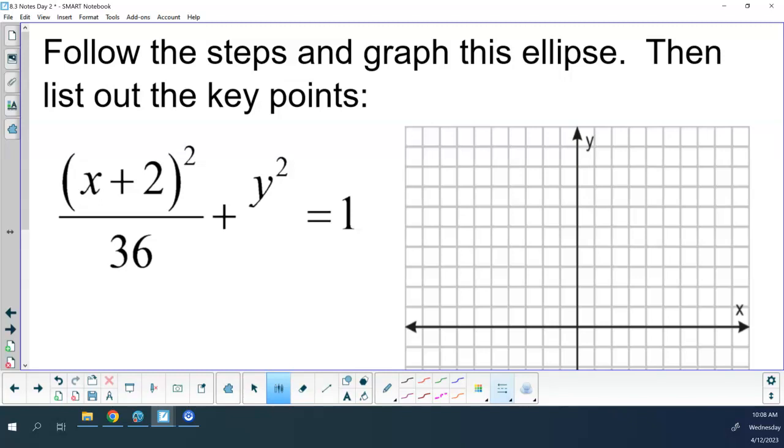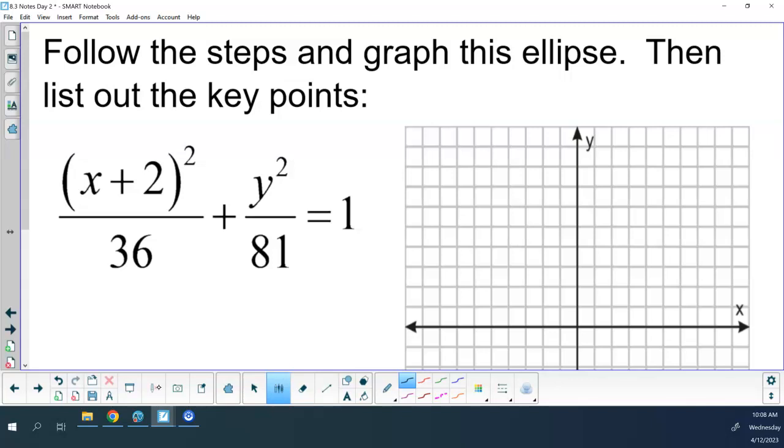If it looks like that, then you would, in your brain, think about it looking like that, 1, because we can't divide by 0. So that would be that case. But that's not the case for this one. I want it that way. So let's follow our steps, and then let's list out our key points.